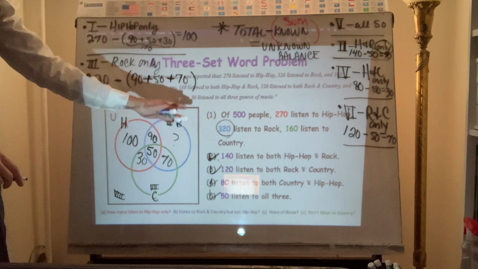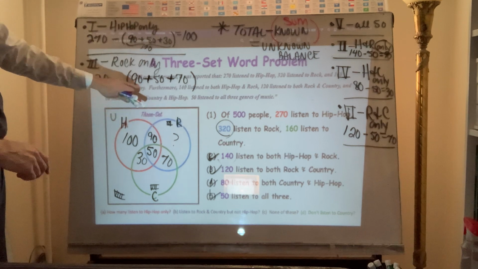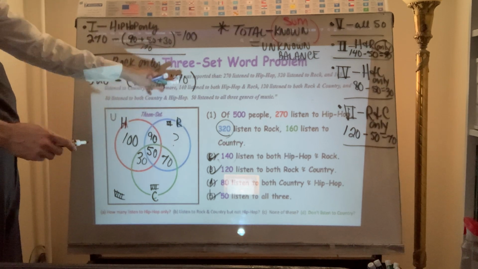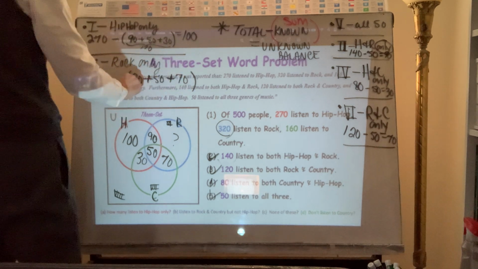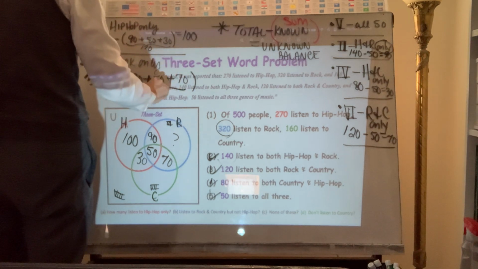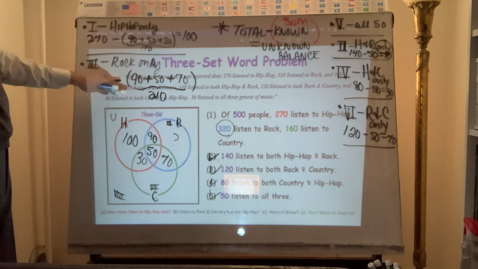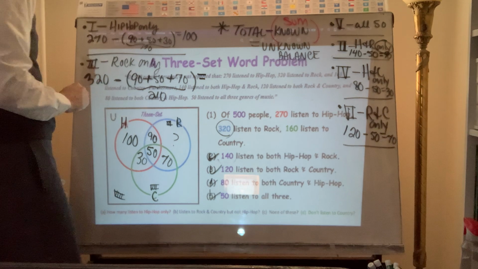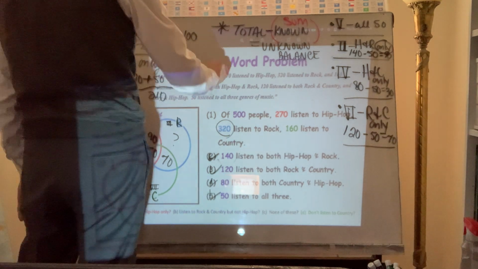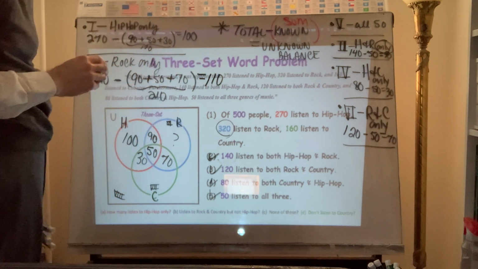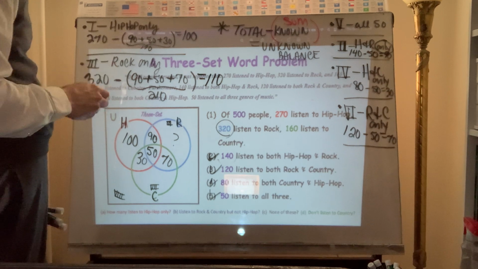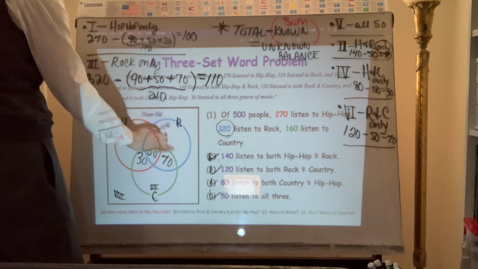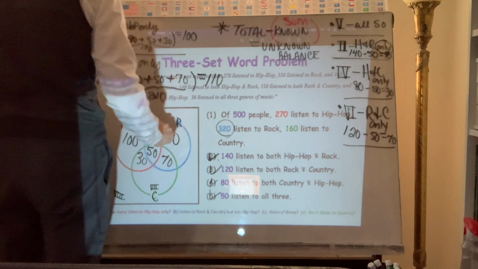Do we add these first? Sorry that it's overlapping. 90 plus 50 is 140. 140 plus 70 is 210. So if it's 320 minus 210, what would that equal? 110, right? So in region 3, the balance that would be unknown would be 110.